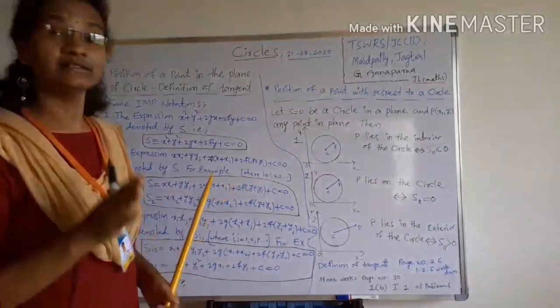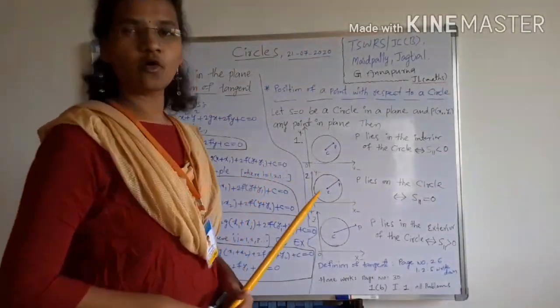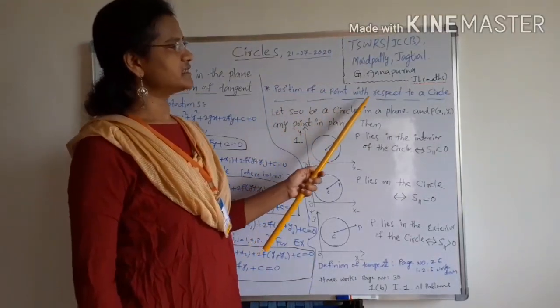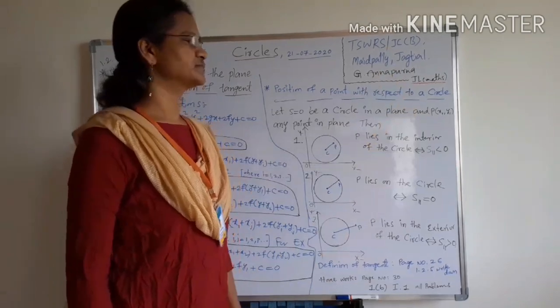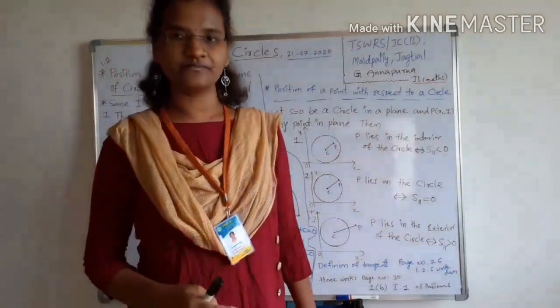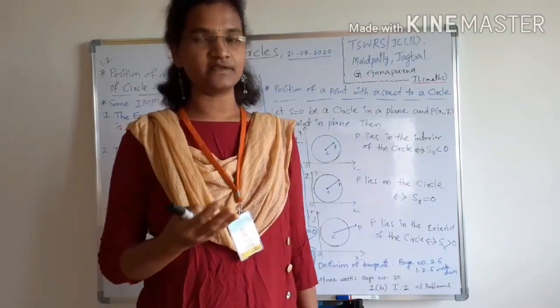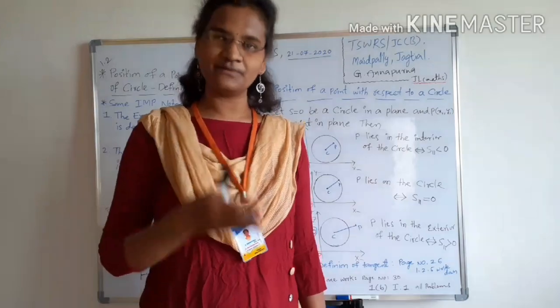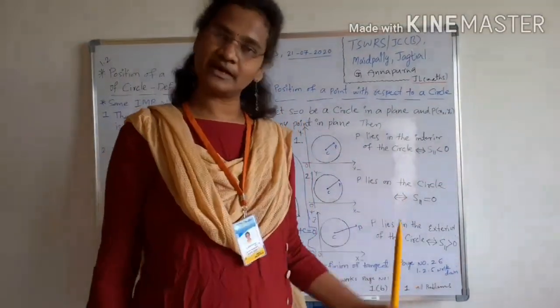So next topic: position of a point with respect to a circle. We know the interior points: which points are interior, which point lies on the circle, which points are exterior. Similarly, here we have some conditions.